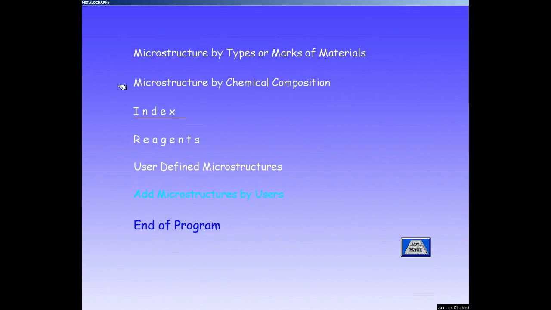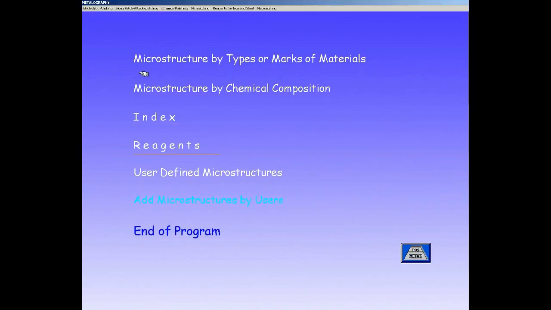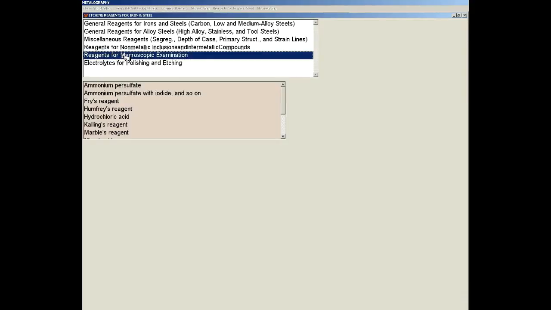Next, activate the item Reagent. At the upper bar you will see an offer from which to select reagents for iron and steel. From the menu select reagents for microscopic examinations.